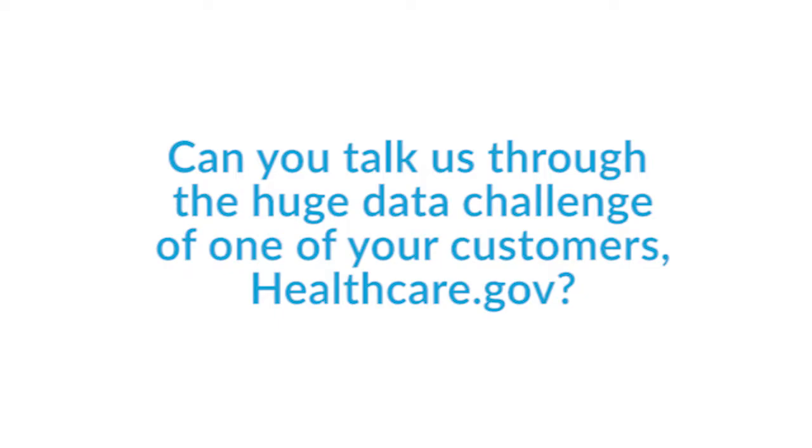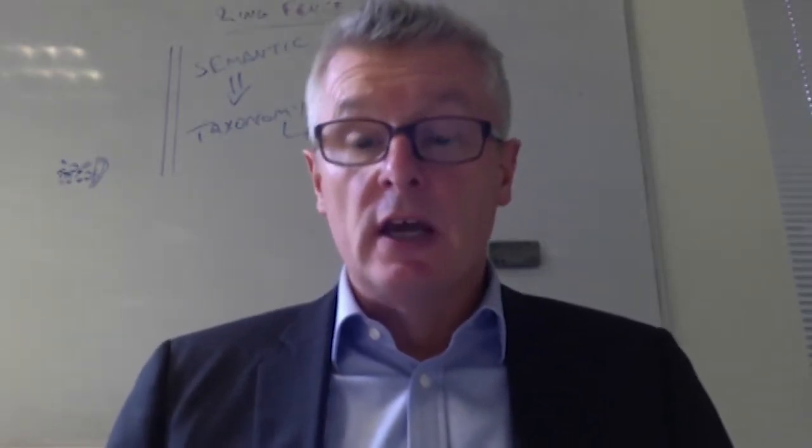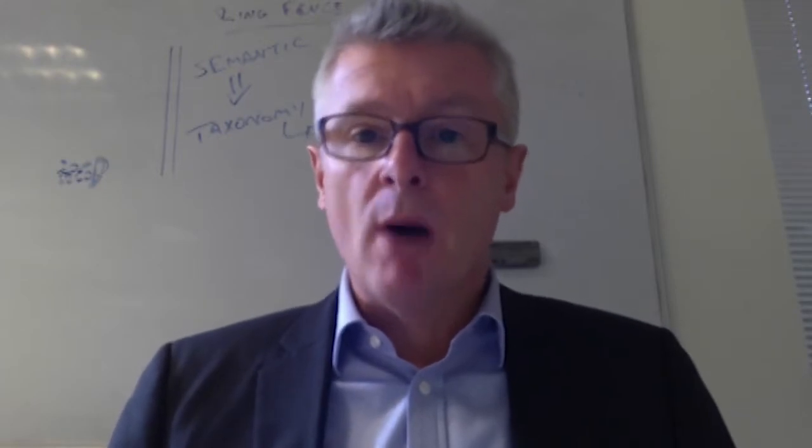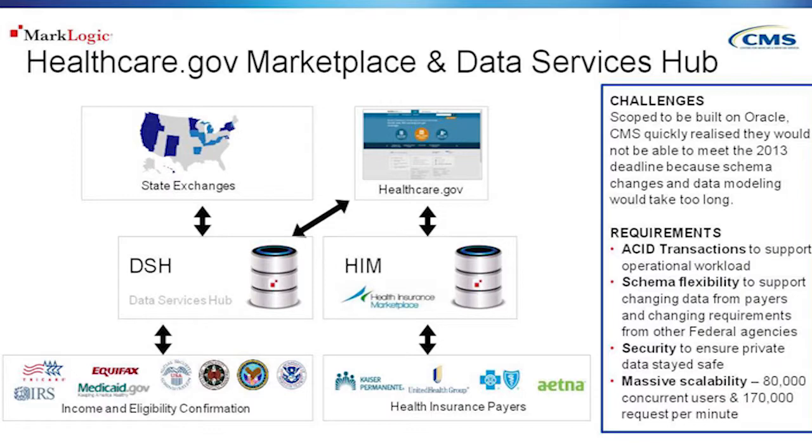So the huge data challenge was something called Healthcare.gov in the USA, often known as Obamacare, a result of the Affordable Care Act. The vision was to make it a central government or federal responsibility for every citizen in the USA to have insurance provision for healthcare.